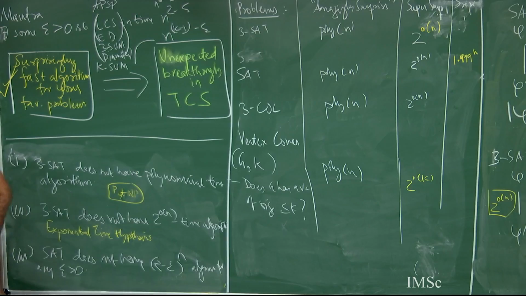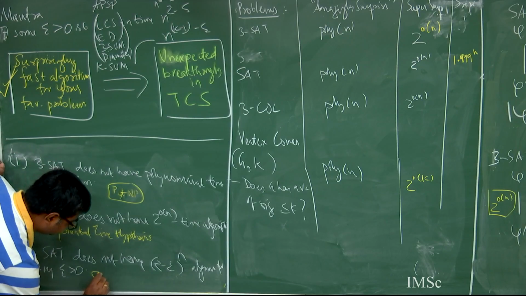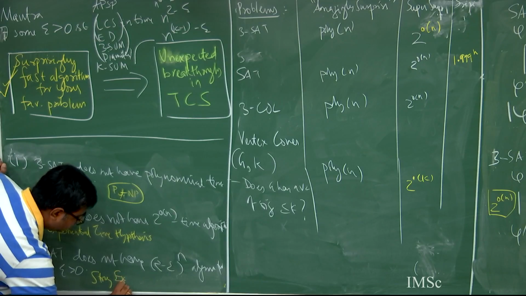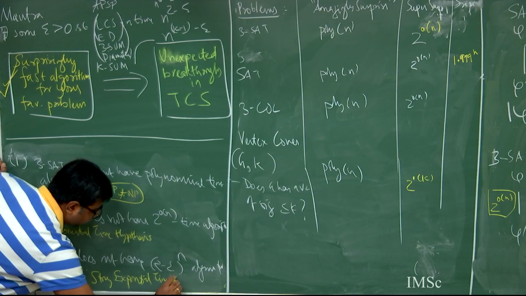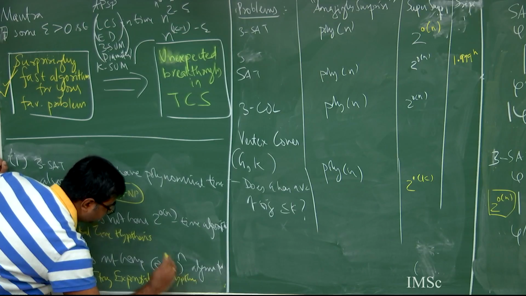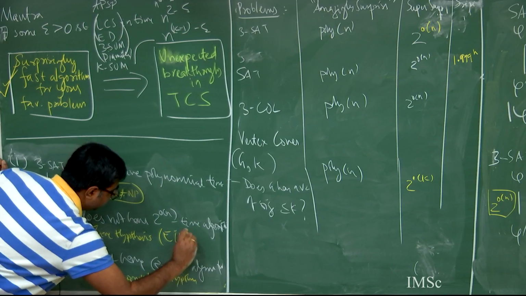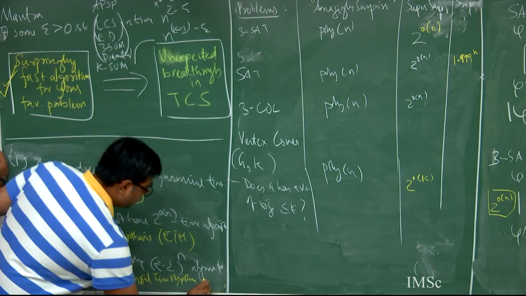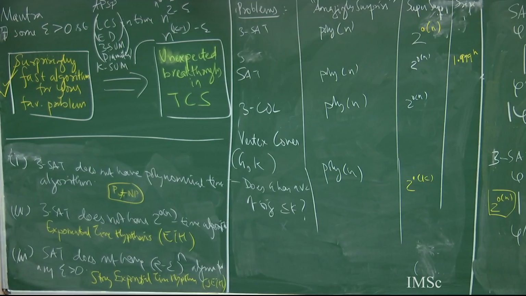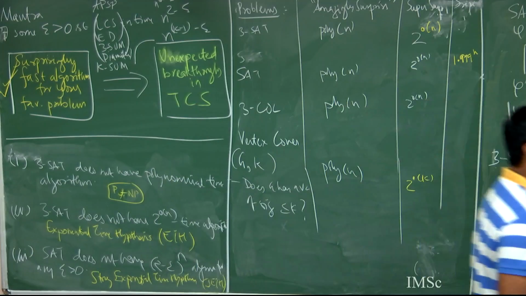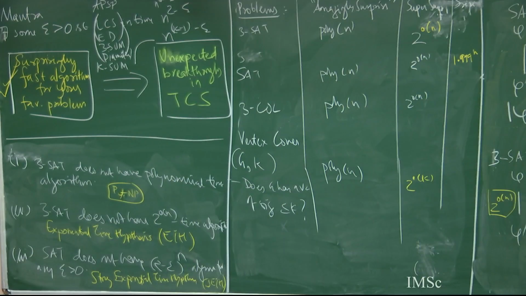But I will state how it should be stated in the right way. This is called the exponential time hypothesis, ETH, and this is called SETH, the strong exponential time hypothesis. Let me state what strong exponential actually means and how it is actually defined.